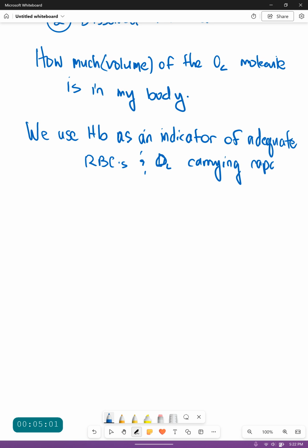Let's look at hemoglobin. Hemoglobin carries nearly all of the O2 in our body.